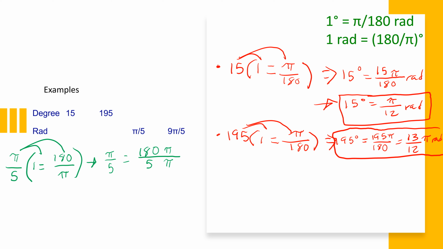You're going to notice that the pi's cancel each other out, and then 180 divided by 5 is going to equal 36. So here pi over 5 radian equals 36 degrees.